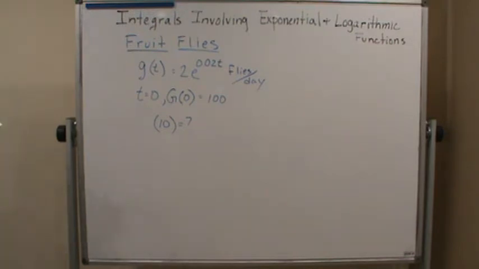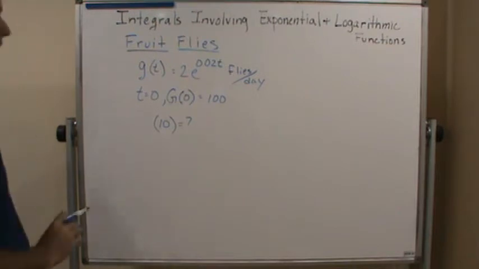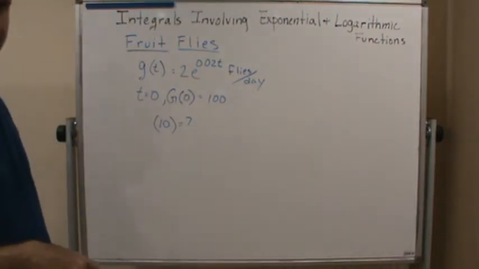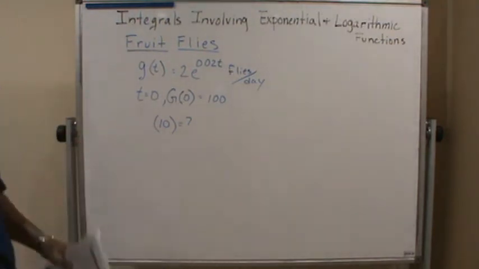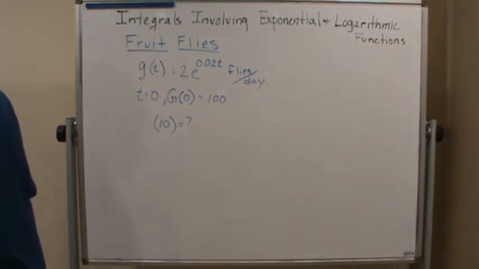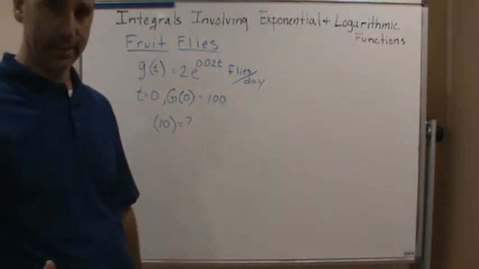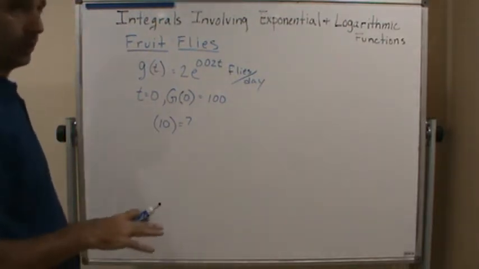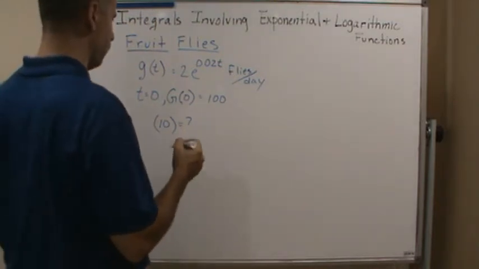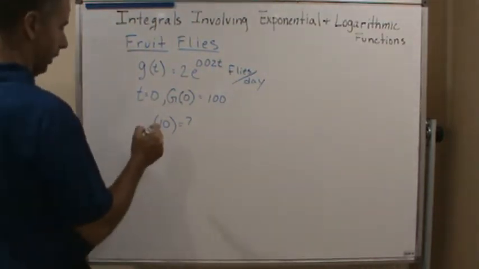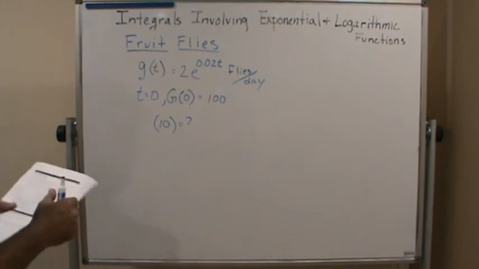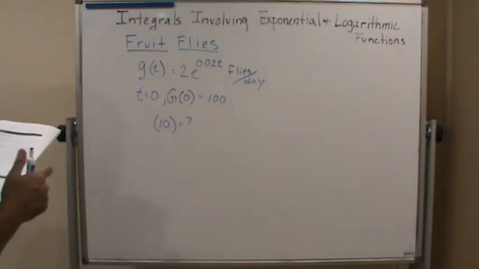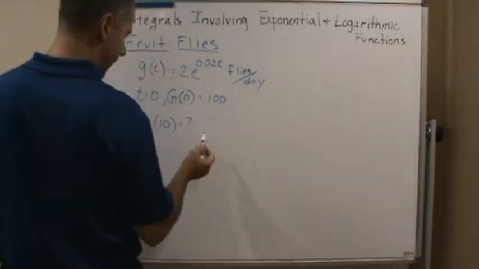So let's set this up. Now, the last problem we set it up as an indefinite integral. This time we can set this up as a definite integral. Last time we had a constant, and we had to solve for the constant. So let's do it differently, and I'll show you what I mean. We're going to use a definite integral. We know the initial population, so we can set it up this way.